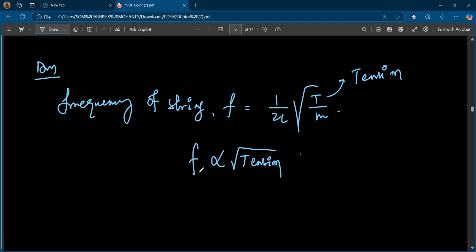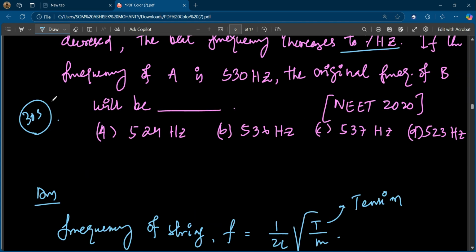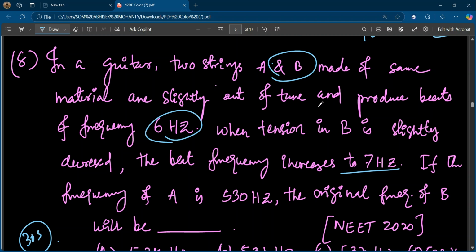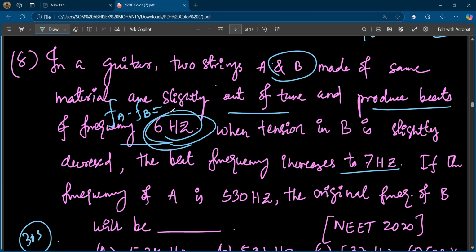Now the question is, they are out of tune and produce beats of frequency 6 hertz. That means their difference is 6 hertz, fA minus fB, because they're out of tune and there is a slight difference.